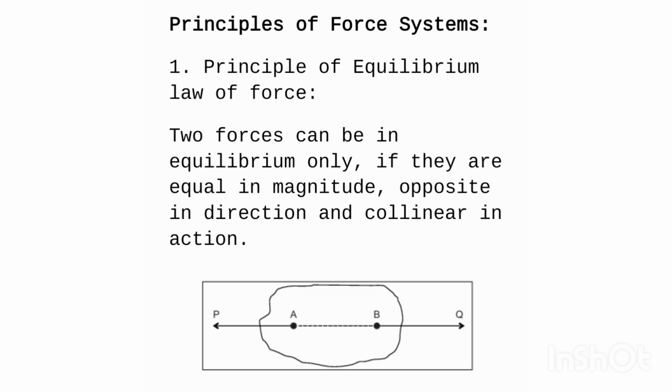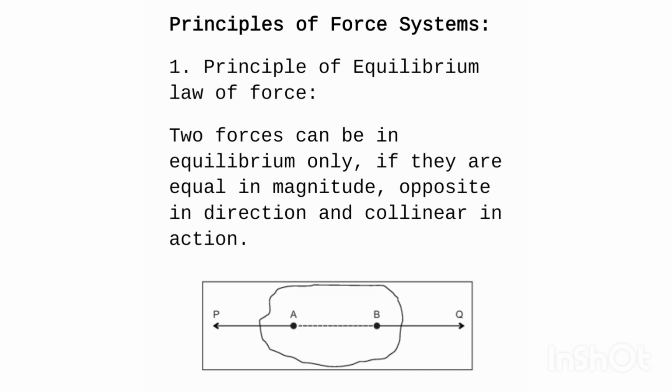Imagine a body where at point A a force P is acting in the outward direction, and at point B a force Q is acting in the outward direction. Now if P and Q are equal in magnitude, opposite in direction like this, and collinear in action like this, then we can say that P and Q have established an equilibrium in the body.